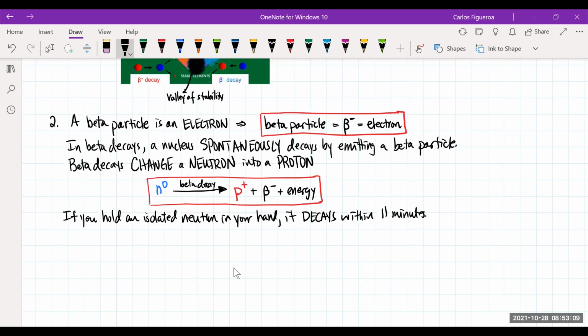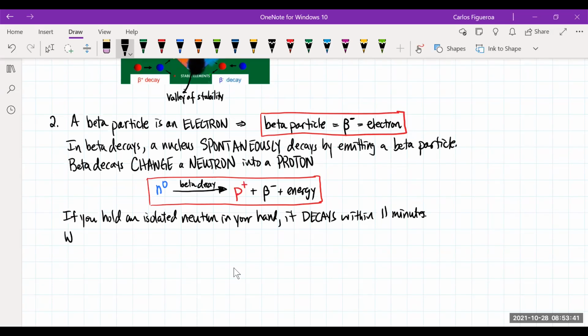And if we were to ask a little bit more detail, it turns out that the force that's responsible for this is called the weak nuclear force, which is different than the strong nuclear force. What's special about the weak nuclear force is that it's a process that literally changes the identity of an atom.